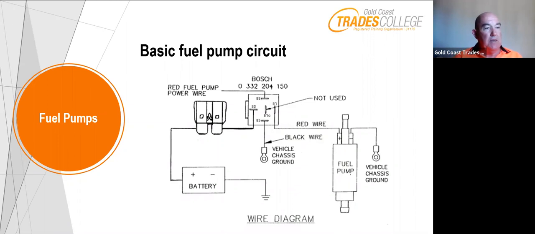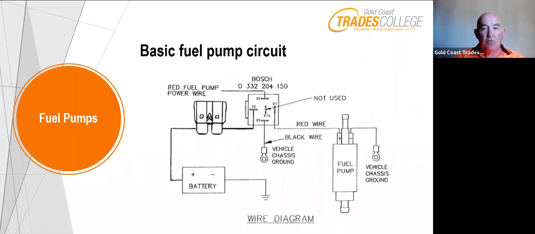Fuel pumps, as we get into talking about electrics and modern cars with fuel injection systems, are now mostly merged in the fuel tank. The fuel pump is in the fuel tank. You can see on the fuel pump in the right-hand lower corner, it talks about the vehicle chassis ground.